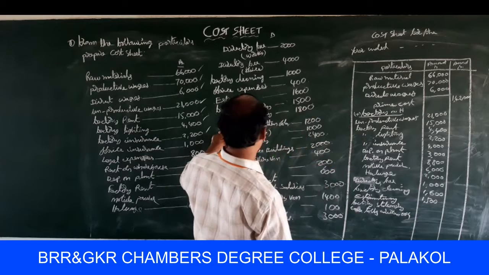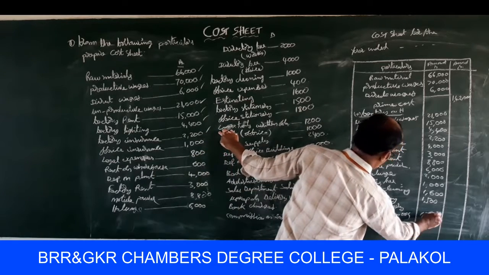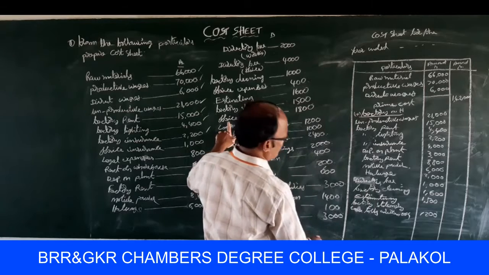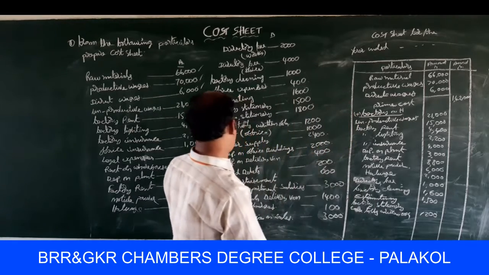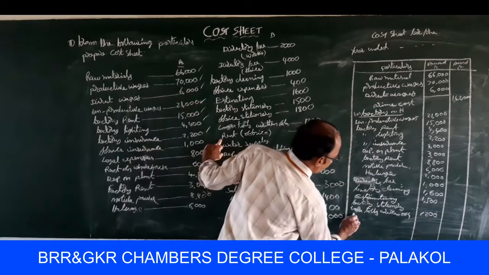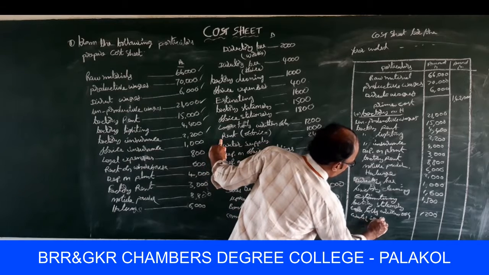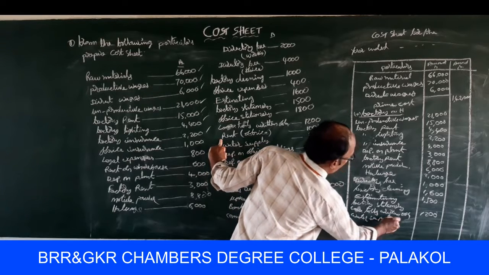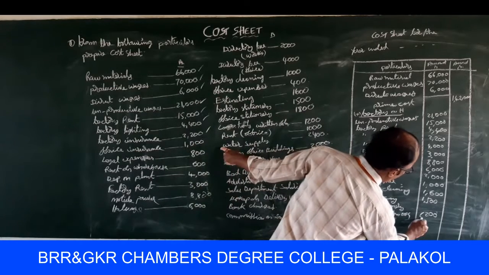How much? 1,200. Next, rent, water supply, 2,400.